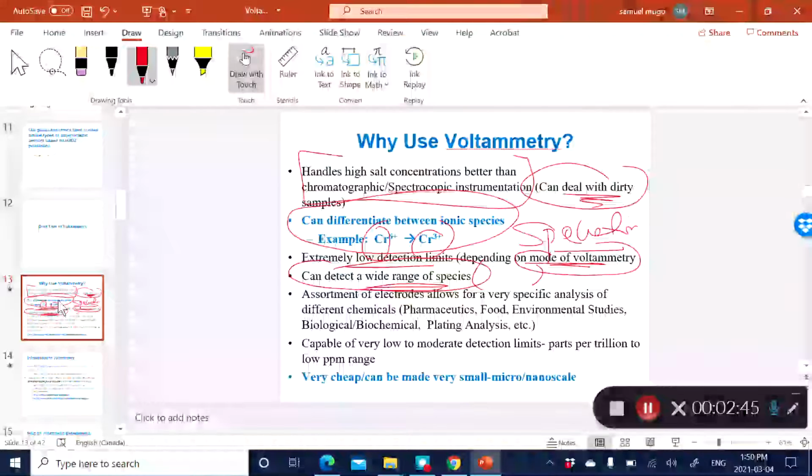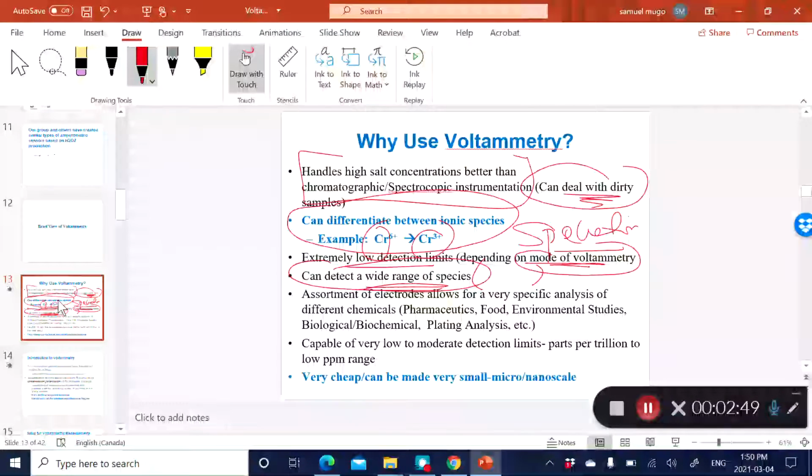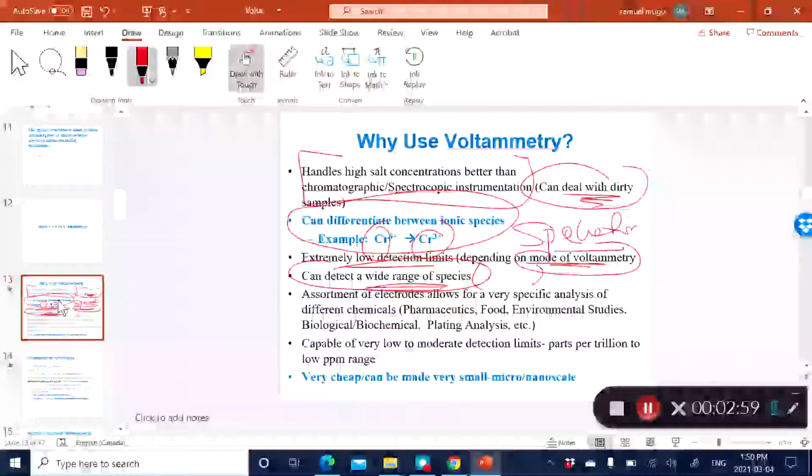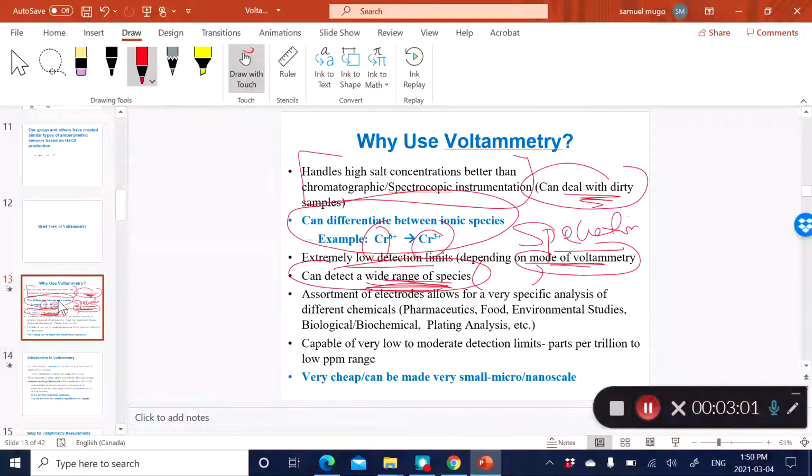Glucose is somewhat electroactive, but not as robustly electroactive, but if you've got glucose oxidase, it can react with glucose to give you a very electroactive species such as hydrogen peroxide. And so, of course, that means you can play with the chemistry to widen the scope of the types of analytes that can be analyzed by photometry.